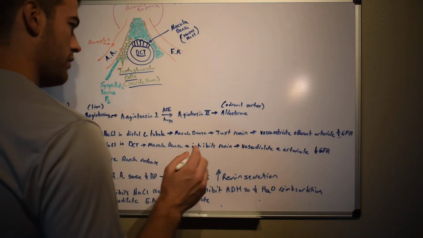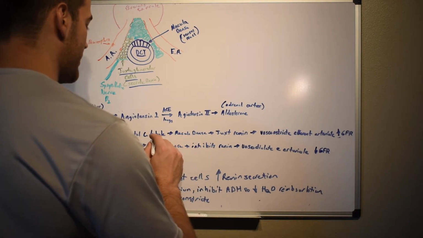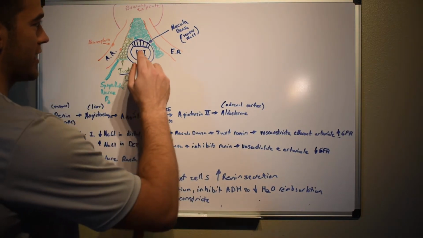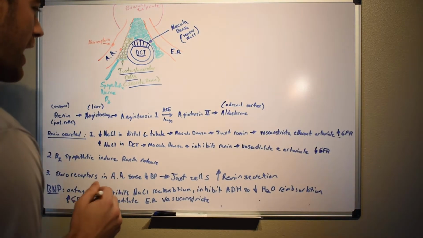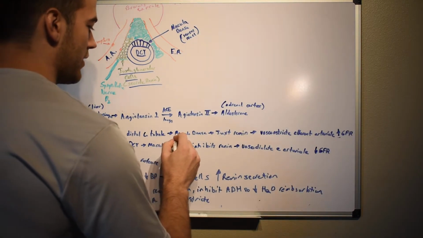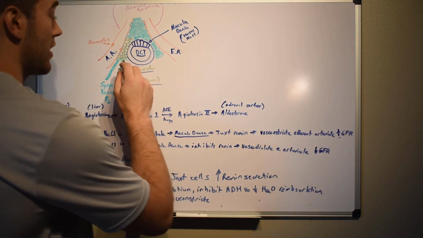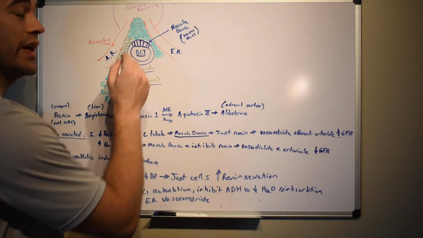So how are we going to do that? Well, these specialized macula densa cells are going to signal to the juxtaglomerular cells, which are right next to it.